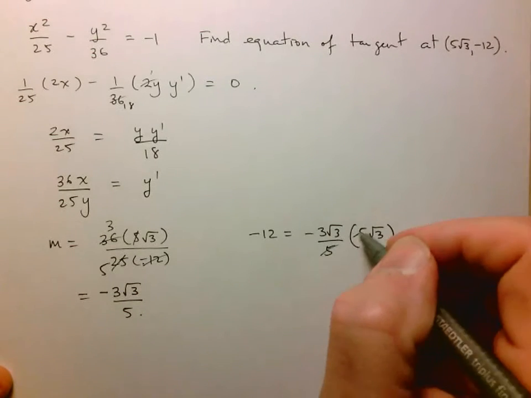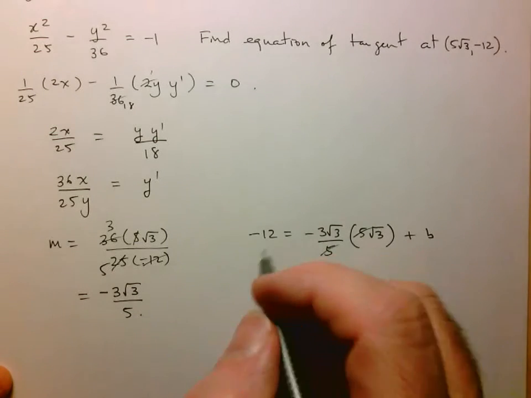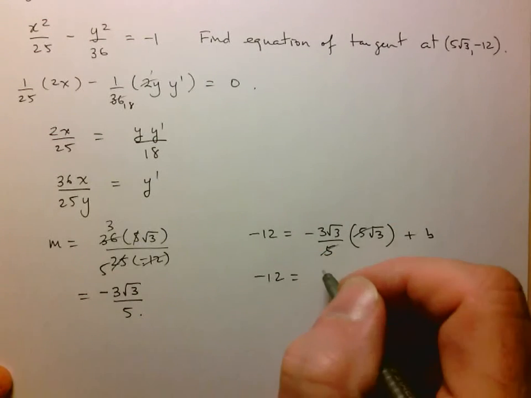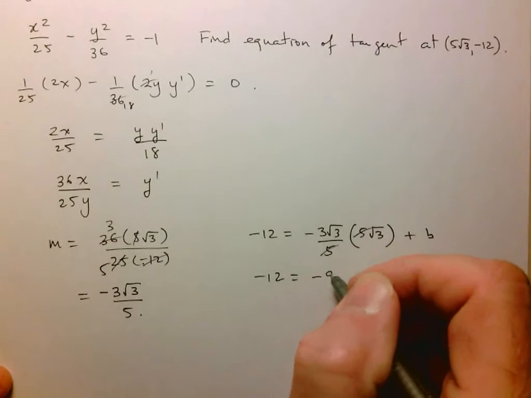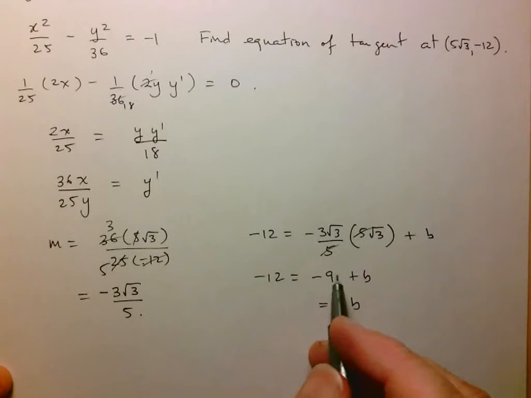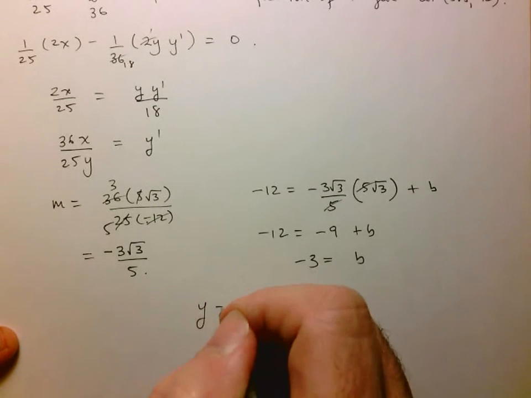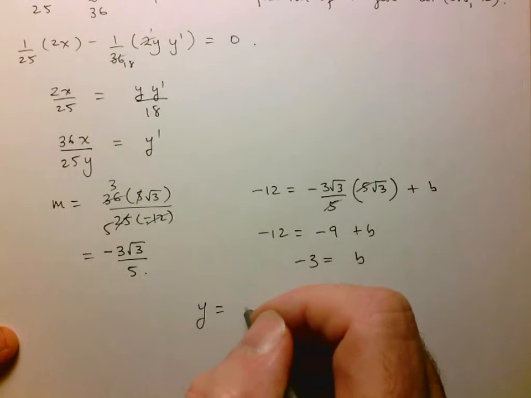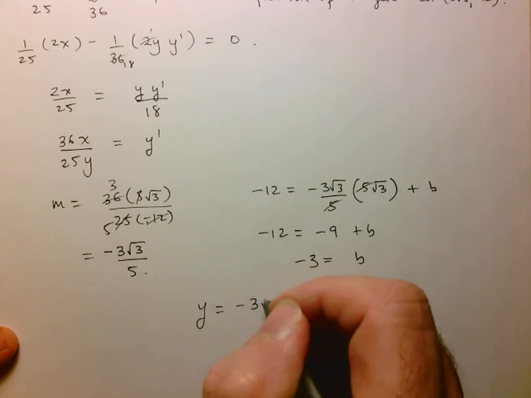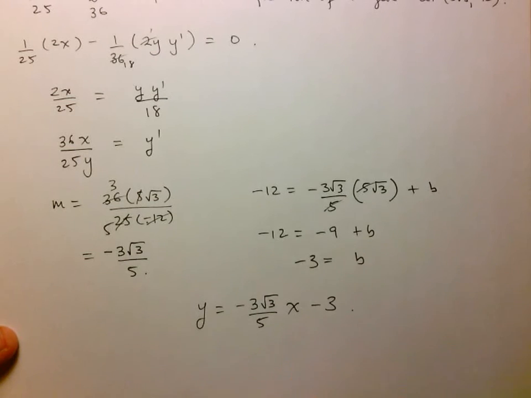So here the 5's reduce, and √3 times √3 is just equal to 3, so I've got -12 equals -3 times 3, -9 plus b, so b is just equal to -12 plus 9, which is -3. Okay, so that means the equation of the line, in slope-intercept form, is -3√3 over 5, the slope, times x, minus 3.